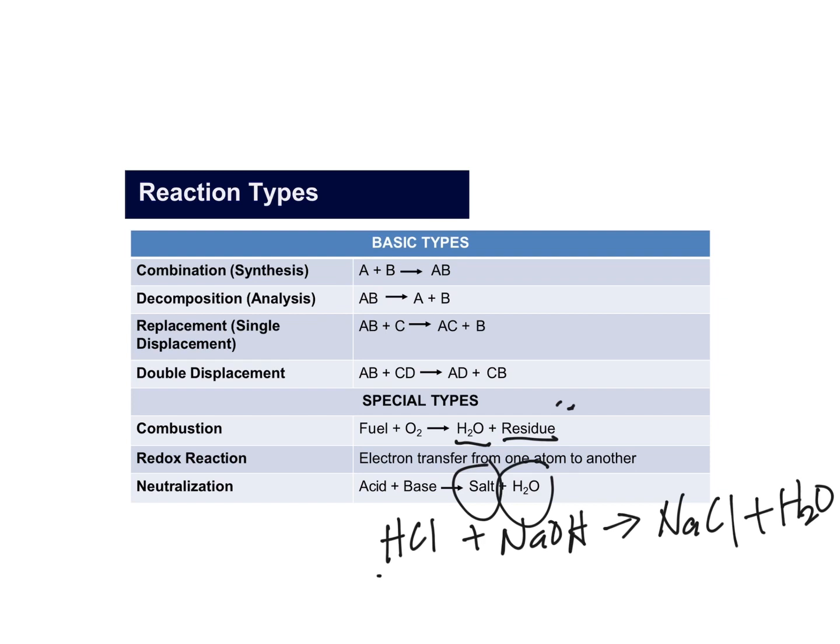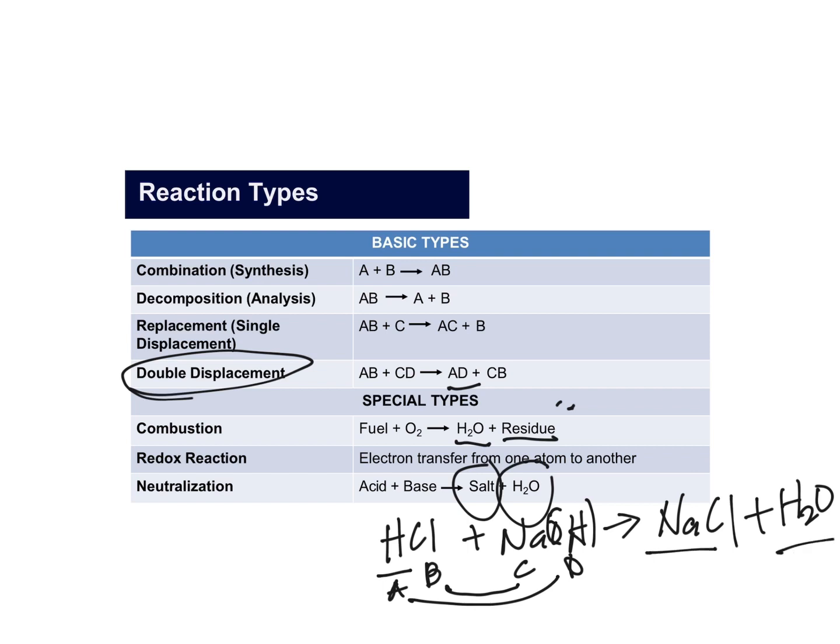So here, this is also a double displacement reaction. Because if this is considered A, this is considered B, C, and D, the OH here, AD, this, and B and C will be here.